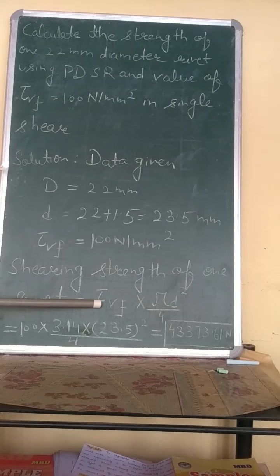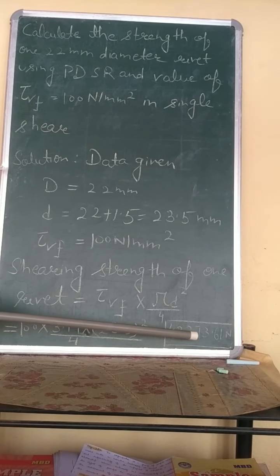So tau VF is equal to 100 multiplied by the value of pi, 3.14, and gross diameter, that is calculated here, 23.5 mm, upon 4. By solving this equation, we got 43,373.61 Newton. Here we got the answer of shearing strength of one rivet, that is in single shear.